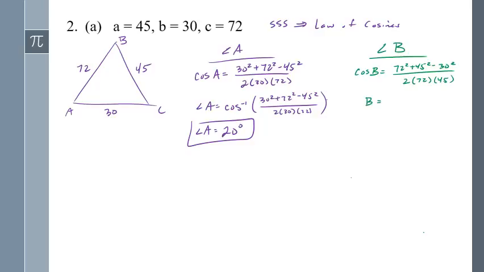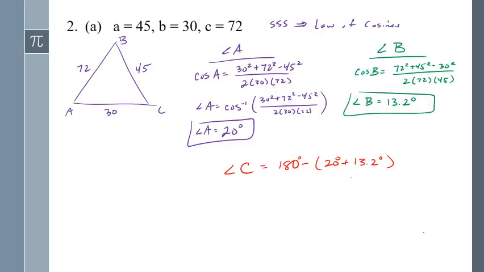And when we take the inverse cosine of all that, we get the angle B is 13.2 degrees. So then angle C is going to be 180 minus the 20 plus the 13.2. So angle C is 146.8 degrees.